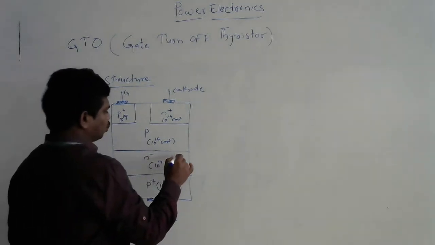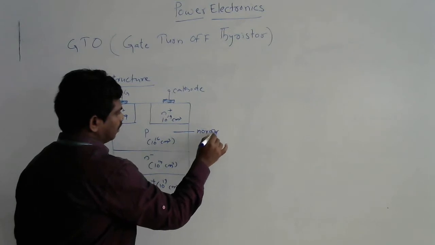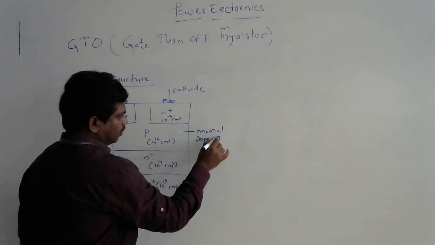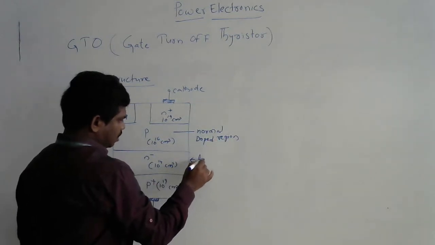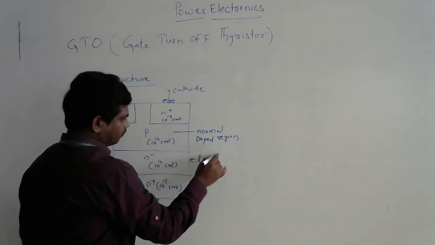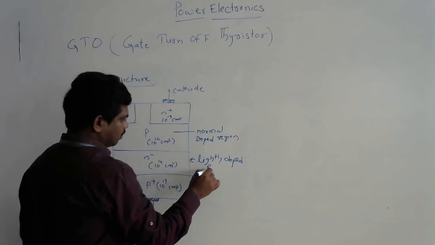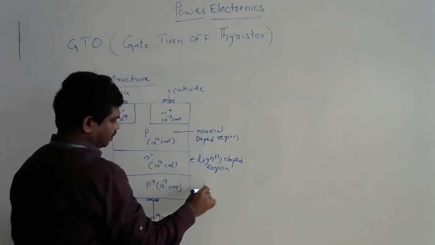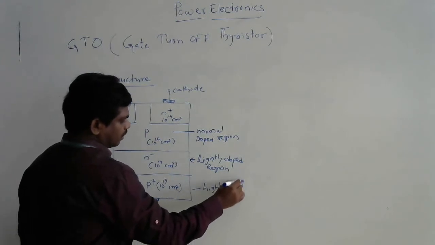This is a lightly doped area. This is a normally doped area, normally doped region, and this is a lightly doped region. This is a highly doped region.